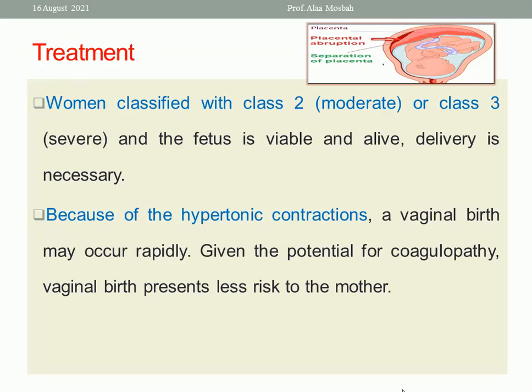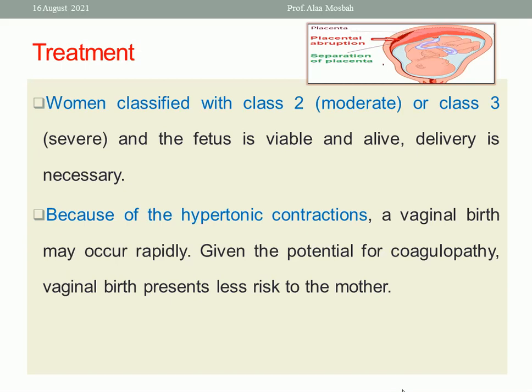If the woman is classified as class 2 or 3, the moderate and severe classes, and the fetus is viable and alive, delivery is necessary. Because of the hypertonic contraction, vaginal birth may occur rapidly. Given the potential for coagulopathy, vaginal birth presents less risk to the mother.